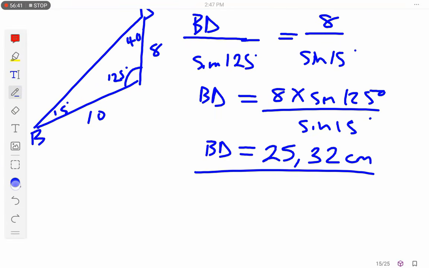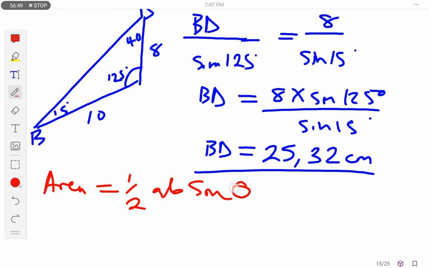And we want the area. So area is equal to half AB sine theta. This can be my A, this can be my B, and my theta is this one. So I'm going to say half of 10, because I want to use the raw numbers. These ones are raw numbers, they are not rounded off like these ones.